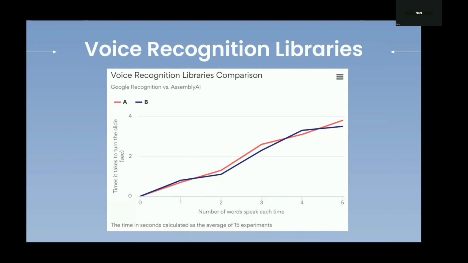But this one second could make a big change while you are presenting, and it might affect the audience's feelings about your presentation, because a huge gap when you switch slides might cause unnecessary silence. In the 15 testing runs, Assembly AI seemed more stable and accurate than Google recognition in terms of general trends.